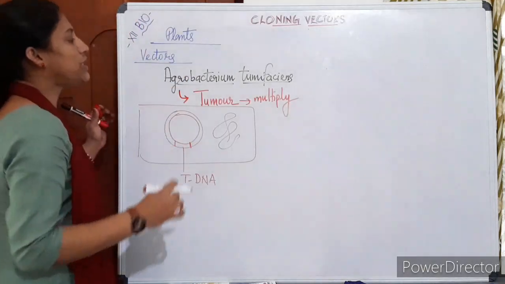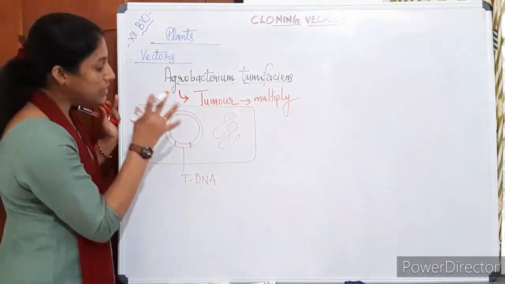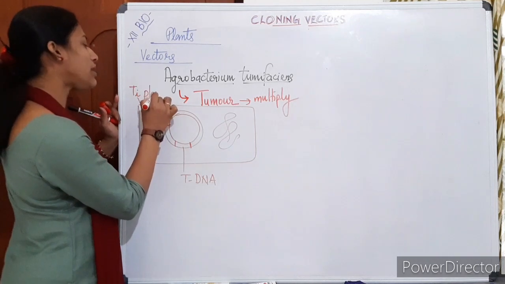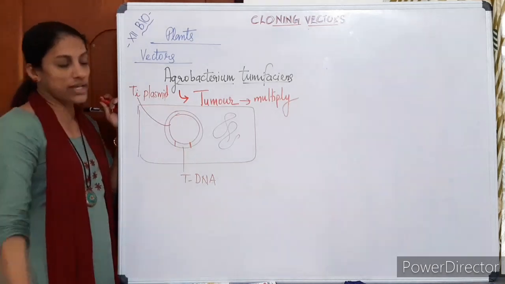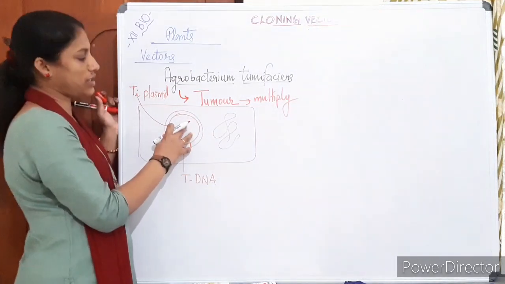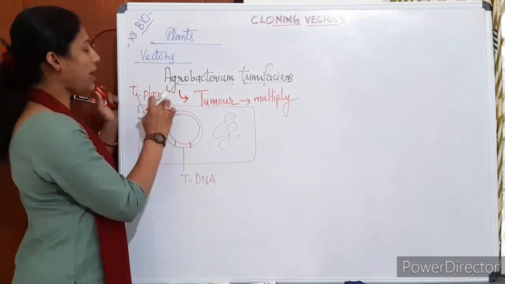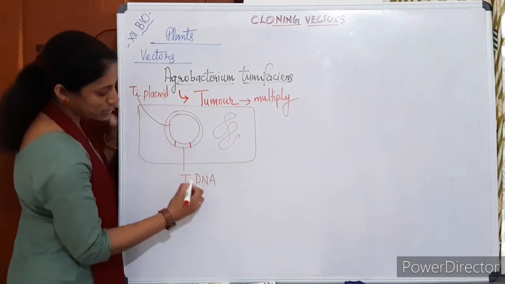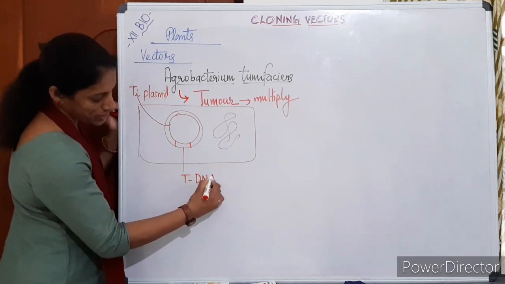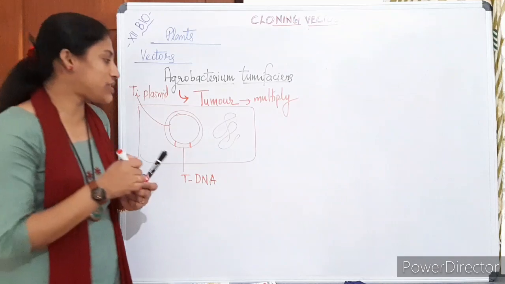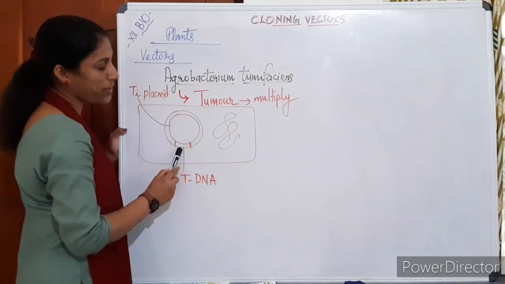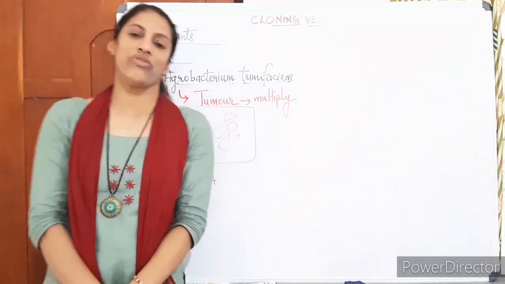See, this Agrobacterium tumefaciens contains a plasmid which is known as TI plasmid, tumor inducing plasmid. The bacterium Agrobacterium tumefaciens has a plasmid like other bacteria, and this plasmid is named as TI plasmid. It contains a particular portion, tDNA, and this is responsible for that tumorous growth in plants. So understand, we can deliver a gene to plants using TI plasmid or Agrobacterium tumefaciens.